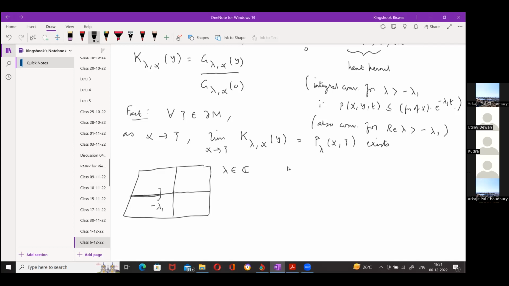Now here you have 0, so here you have P0. And what Ancona has done is, for every lambda on the real line outside the spectrum, you have a P lambda. But now the question is, your G lambda, which you're using to define this P lambda, these G lambdas make sense also in this half plane.